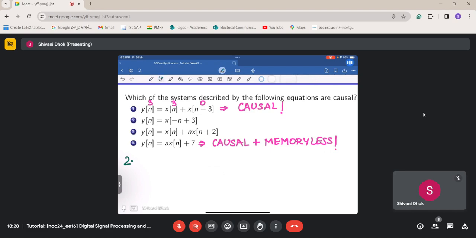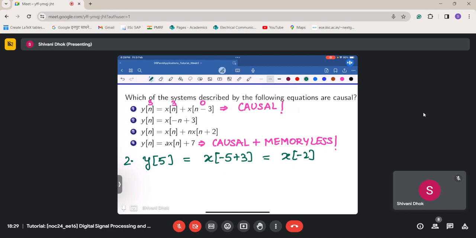So if I am looking at y equal to, let's say, 5, then this is equal to x of minus 5 plus 3, equal to x of minus 2. So for this particular input, it is depending on past value.